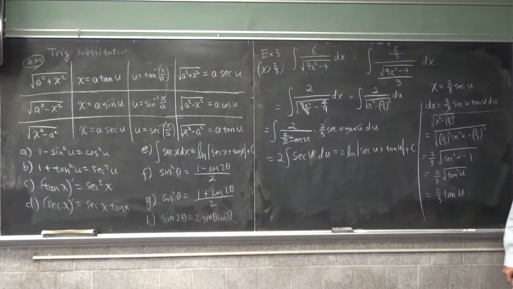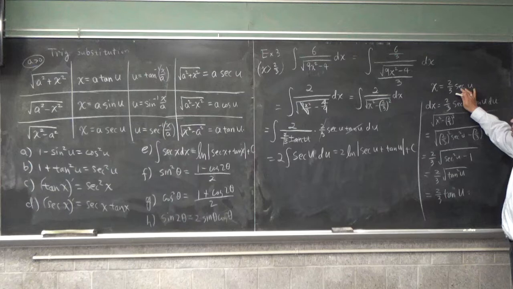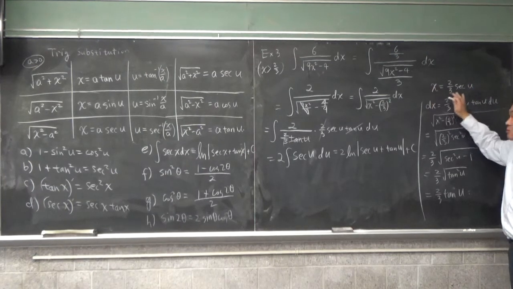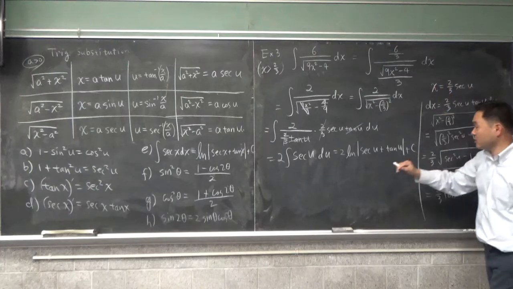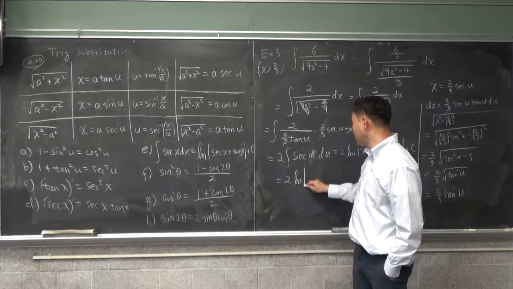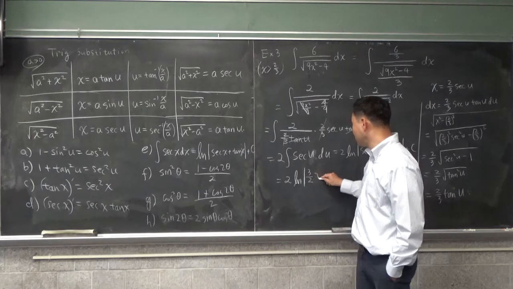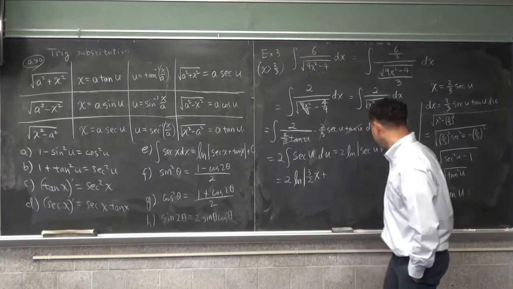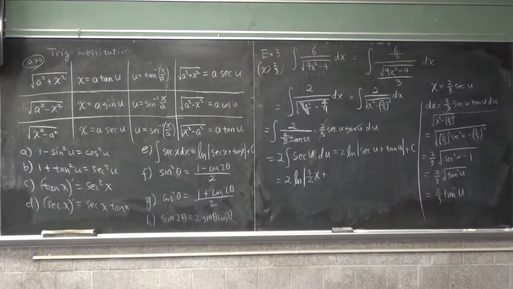Okay? Is that the answer? Not yet. Why? You have to still plug in the x. You still have to convert this into an expression in x, right? And at least for secant of u, I know what to do. What is it? Solve this for secant of u. Flip, right? What's that? 2 ln of 3 over 2 x. How about tangent of u?